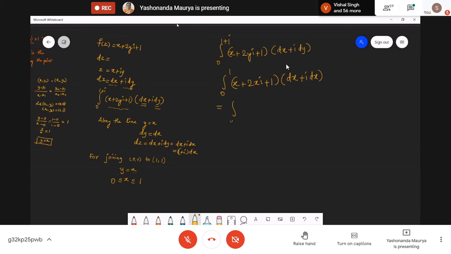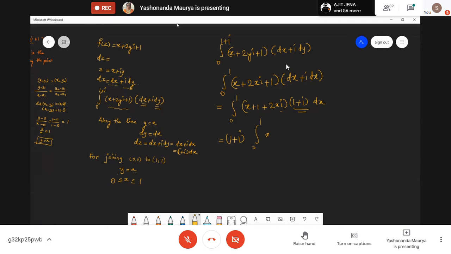So this becomes, here I'll have x plus 1 plus 2xi. I cannot simplify this i term, so I'll just keep it this way. And this will be 1 plus i times dx. This can be taken outside because it's a constant number.